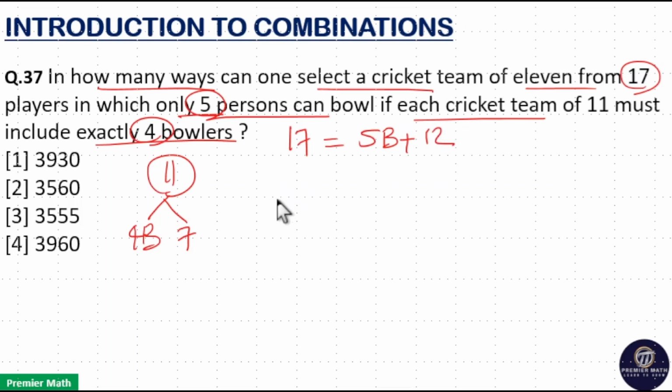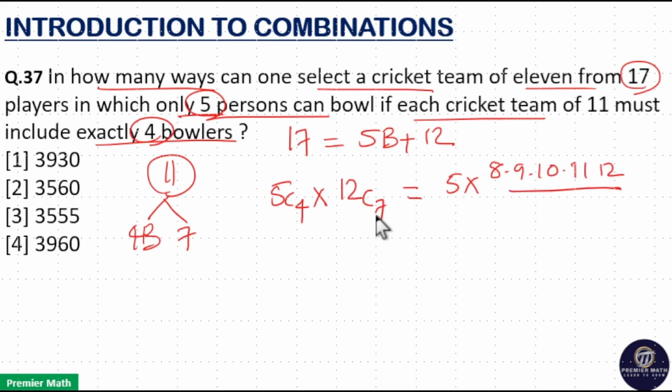Now we should select these 4 bowlers and 7 players from these 5 bowlers and 12 other players available. So the 4 bowlers can be selected from the available 5 bowlers in 5C4 ways, and the 7 players can be selected from the available 12 players in 12C7 ways. Now 5C4 is 5. 12C7 means 7 cancel, remaining 8, 9, 10, 11, 12 divided by 5 factorial.